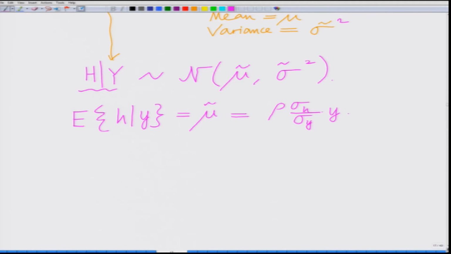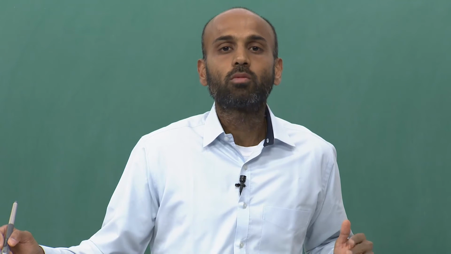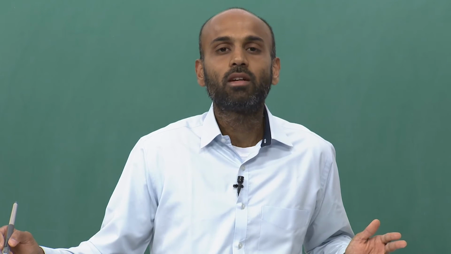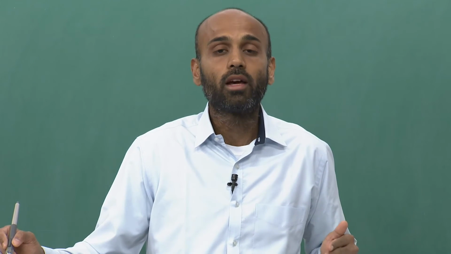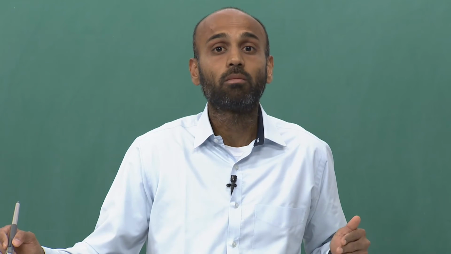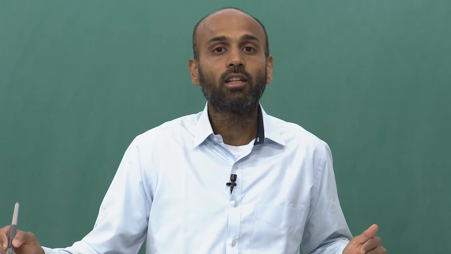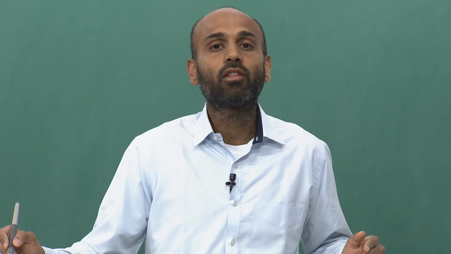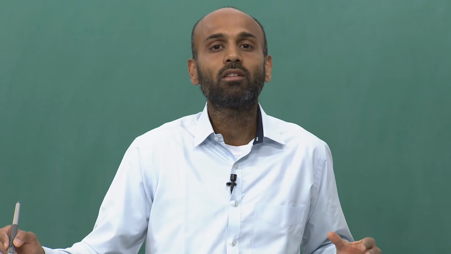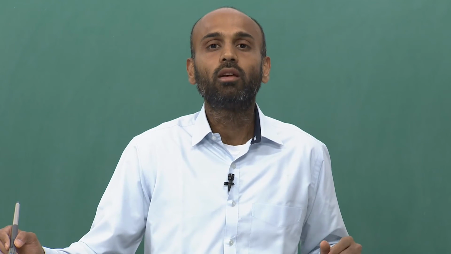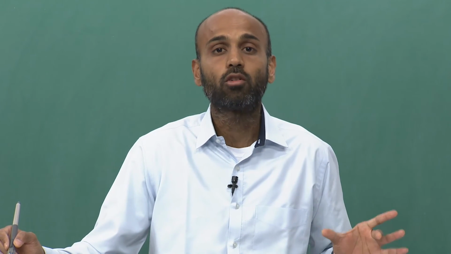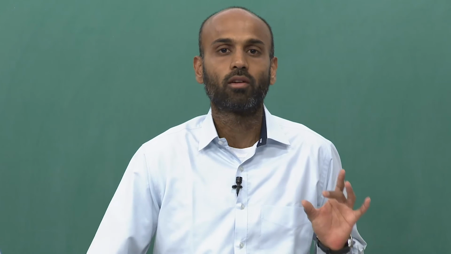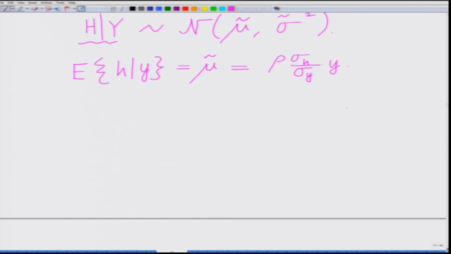And indeed now we have found the MMSE estimate, because the optimal minimum mean squared error estimate, the estimate which minimizes the mean squared error, is nothing but the expected value of the parameter h given the observation y. Therefore, mu tilde is the MMSE estimate of h given y for the scenario when h and y are jointly Gaussian. Okay, that is something to keep in mind.